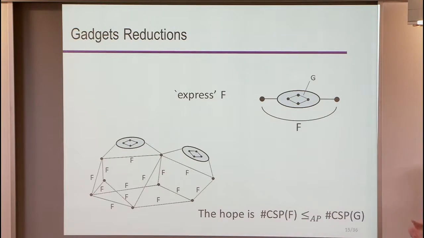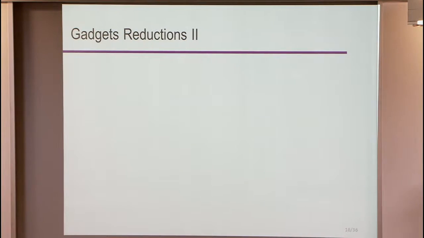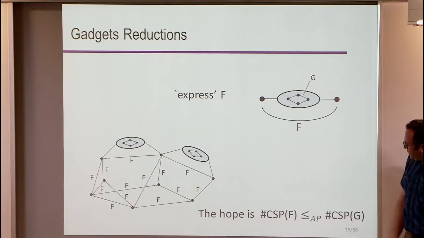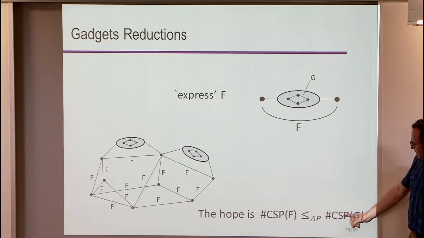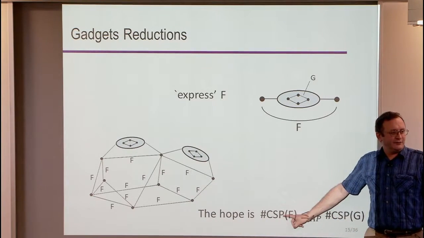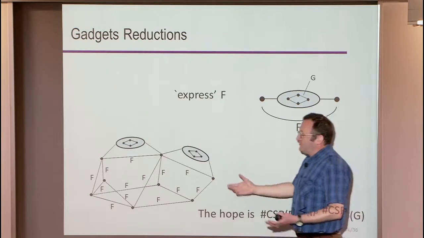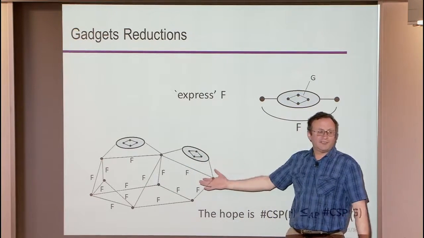Okay, so what is the right way of defining the gadget? Well, what I want is that I start with a counting CSP, and I end up with a counting CSP, right? In what case do I obviously achieve that?